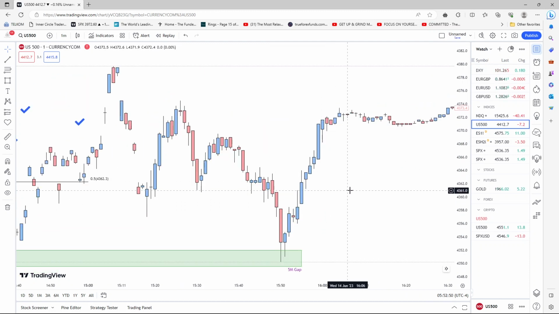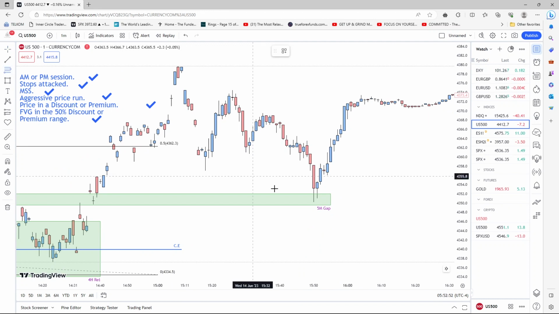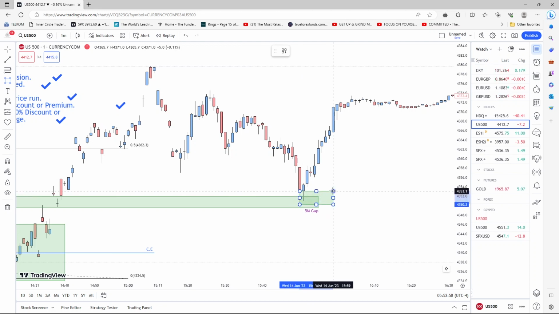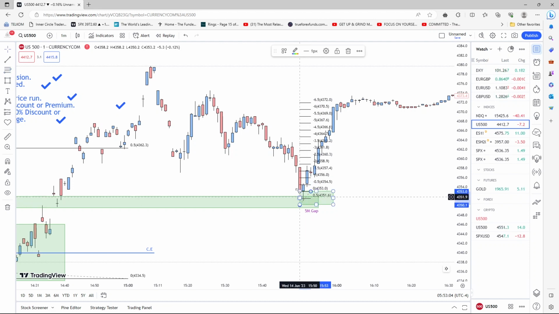Now, there's another entry over here. If you look at this wick, the wick would be a rejection block, correct? So if I put the box on there and I put the fib on there and I get the mean threshold of this level, of this candle, look at that. We traded this mean threshold and immediately we rejected this.